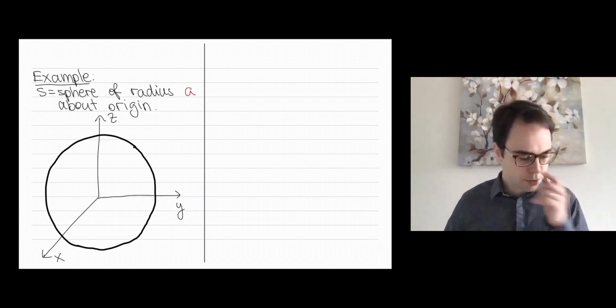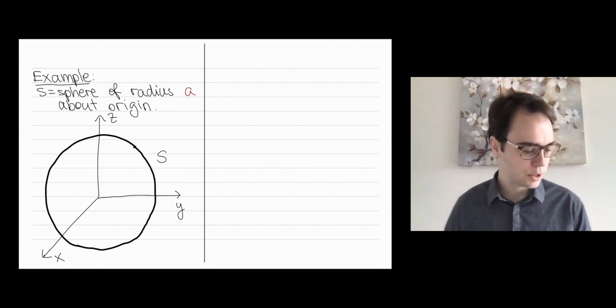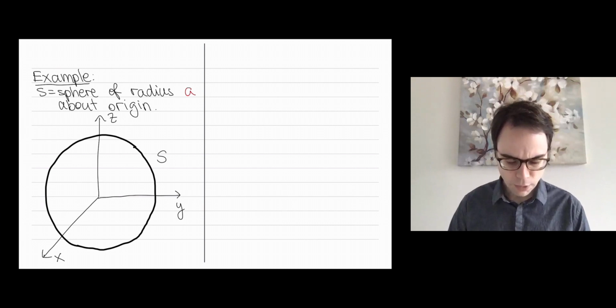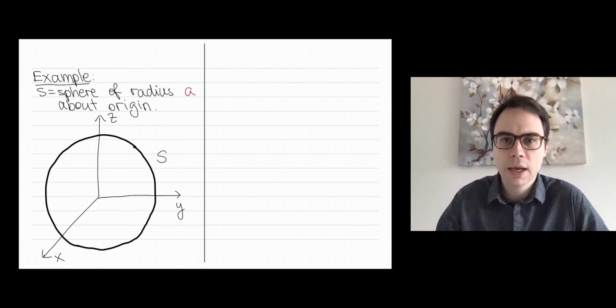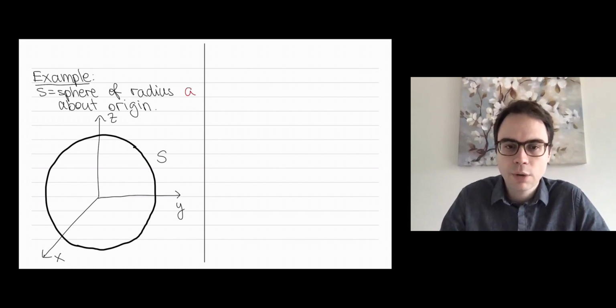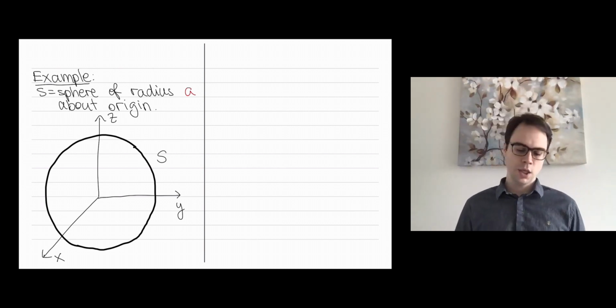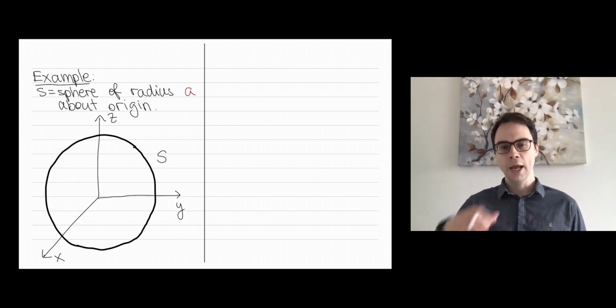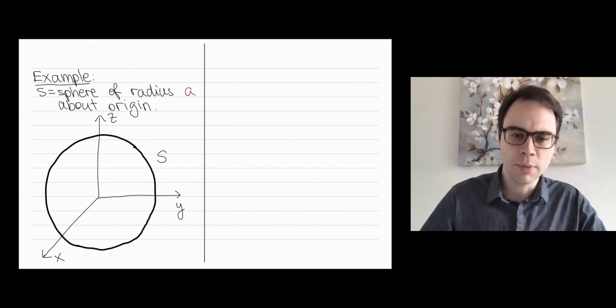So that's S, and we want to describe points on this sphere in terms of two numbers. In 1D, when we were describing points on the circle, the number we used was often the angle around the origin. When the radius is fixed, if you just know the angle around the origin, you know exactly what point you're talking about on the circle.